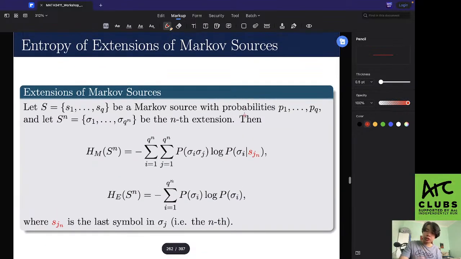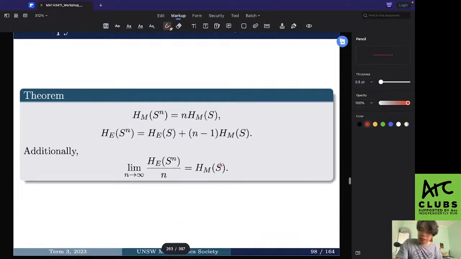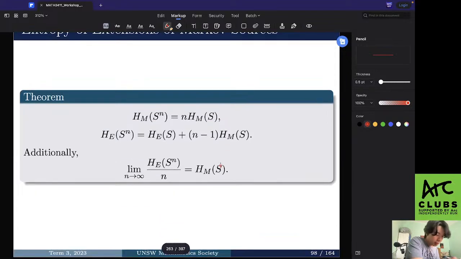We also have extensions for the Markov source, right? We have the Markov source entropies, which use these formulas, although I really wouldn't pay attention to them because I feel these ones might be a bit more appropriate. We have the same thing for the Markov entropy.